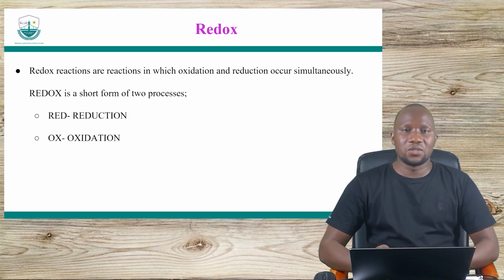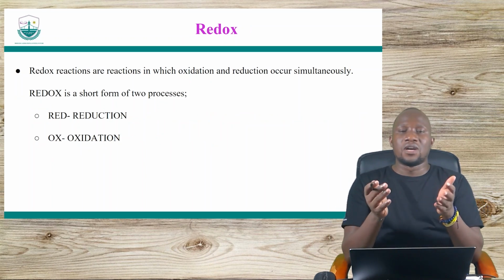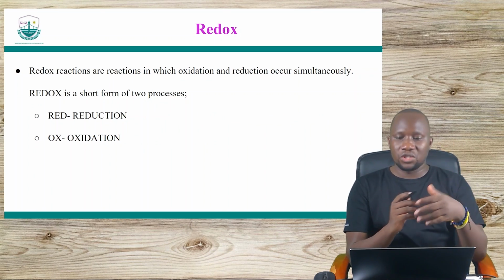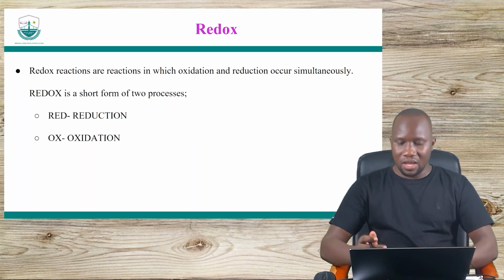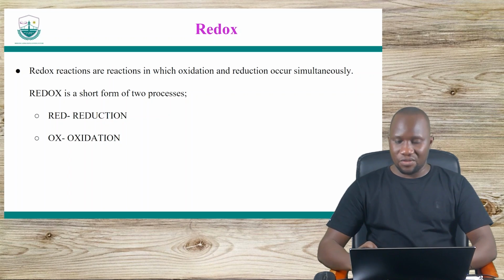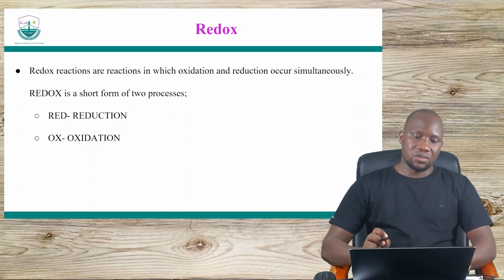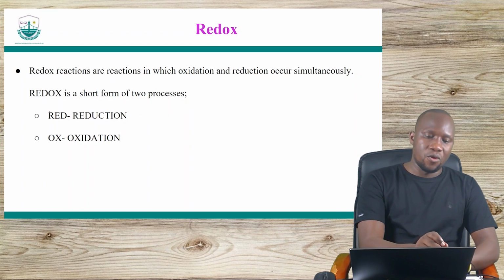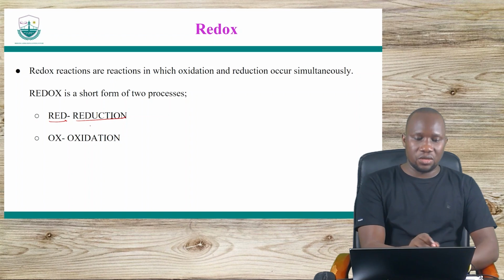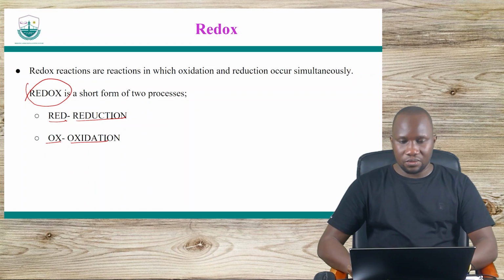So redox reactions are basically a combination of oxidation and reduction happening at the same time. And we saw in the previous reaction that chlorine was being reduced, and there was another substance which was being oxidized. So redox is just a short form of reduction and oxidation. The red is reduction, the ox is oxidation. So that's why we have redox reactions.